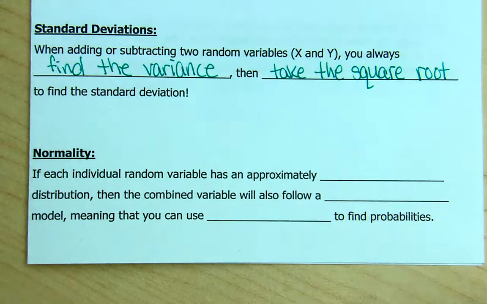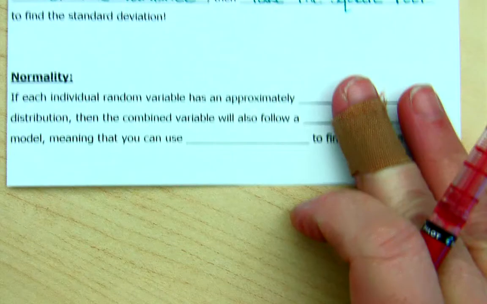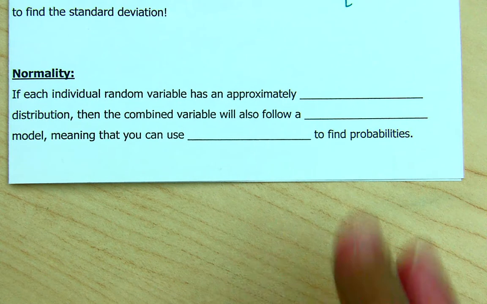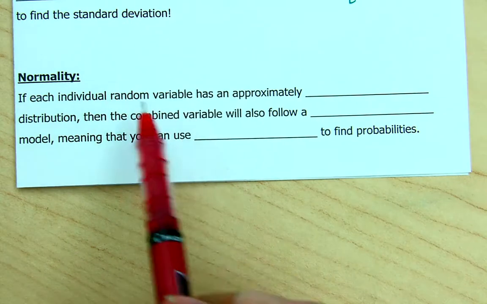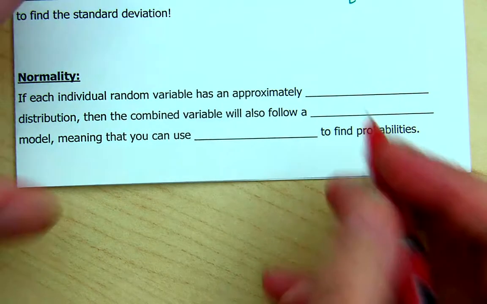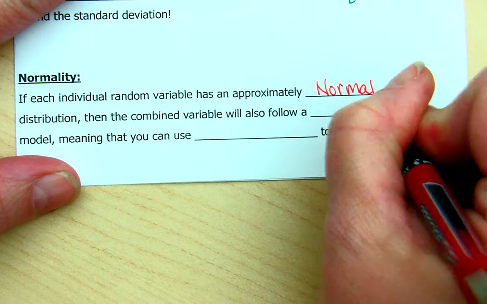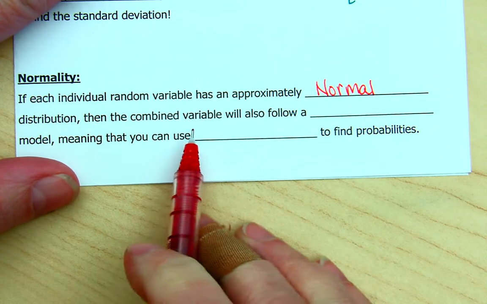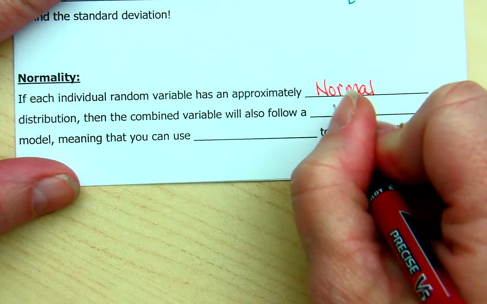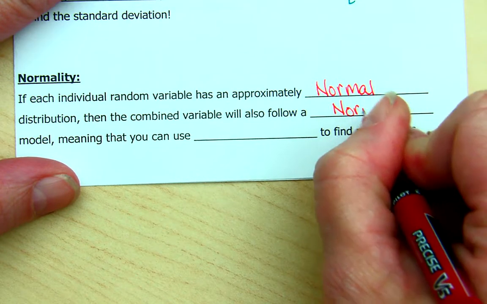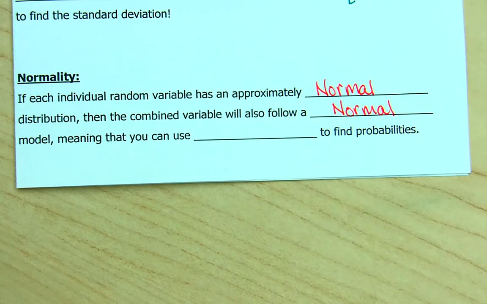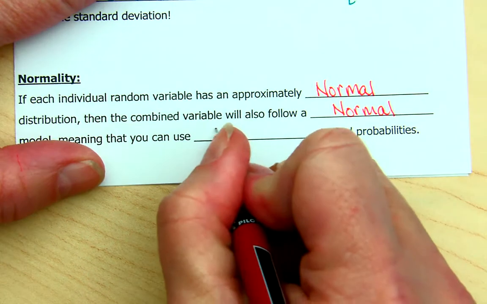Normality. You remember z-scores, a normal model, all of that stuff's going to come back in here. So if each of the random variables has an approximately normal distribution, then the combined variable will also follow a normal model. So that means if they want you to find a probability, you just use z-scores.